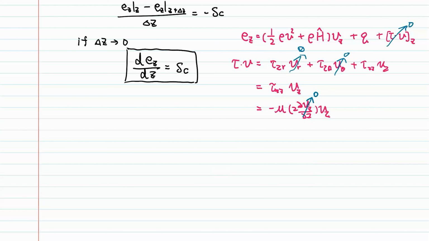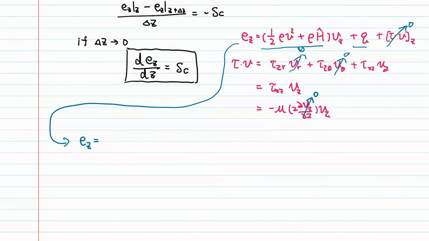Okay, now let's take a look at the convective transport part and the heat. So let's continue our discussion right down here. If you look at the convective transport part, let's see how that can be analyzed. First, let's say E_z equals 1/2 rho V squared plus rho H, times Vz.